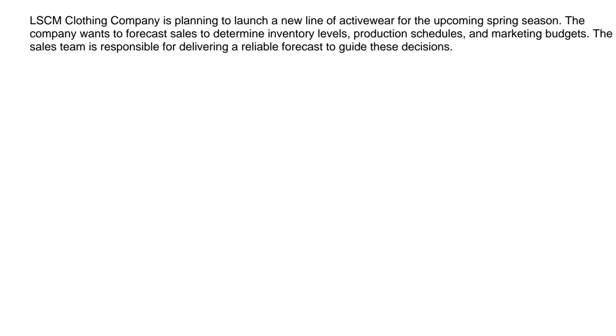The company can use a weighted combination of sales performance and expert opinions, so a qualitative and a quantitative approach. They base it on the success of a previous launch, let's say of casual wear or winter wear, and they estimate 10% higher demand. They can incorporate that with industry experts on eco-friendly activewear, for instance. So it's understanding what that method is and what fits best with your product line.